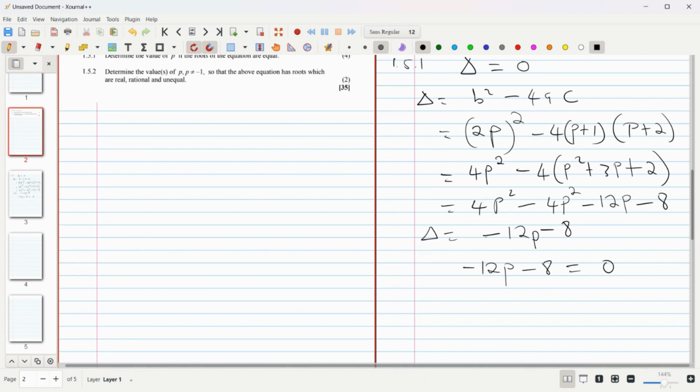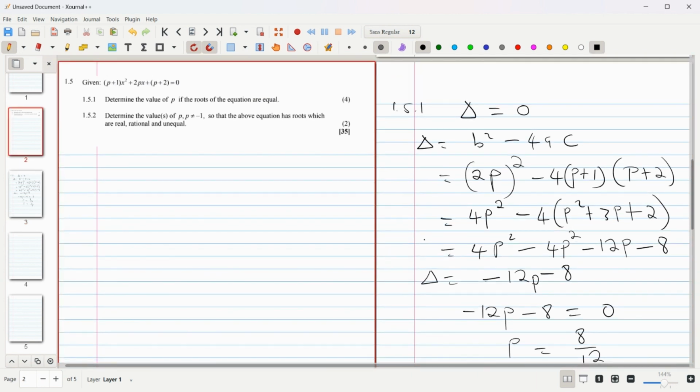So the value of p in this case will be 8 divided by 12, and when we solve, this will be 2 divided by 3. So our value of p will be 2 divided by 3.